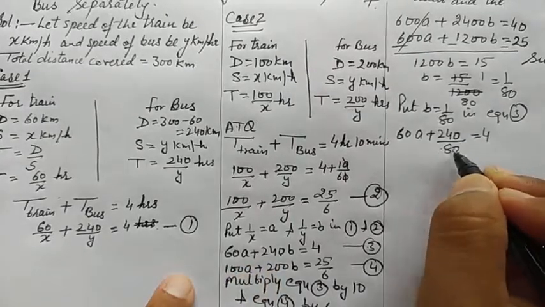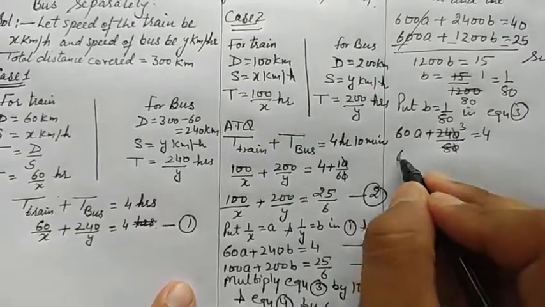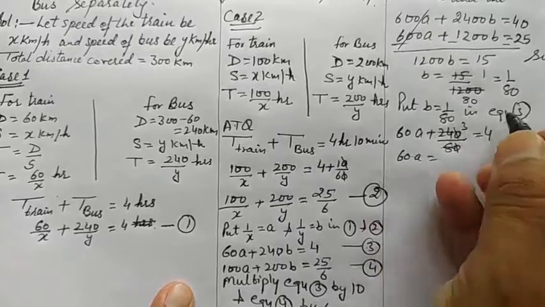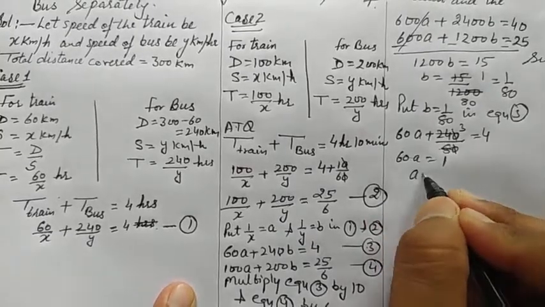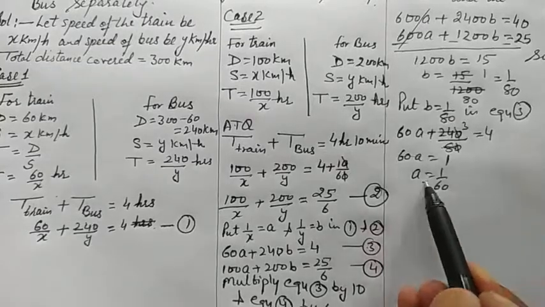So 80 3s are 240, it is 3. So 60a is equal to 4 minus 3. It will be 1. So a is 1 by 60. So b is 1 by 80, a is 1 by 60.